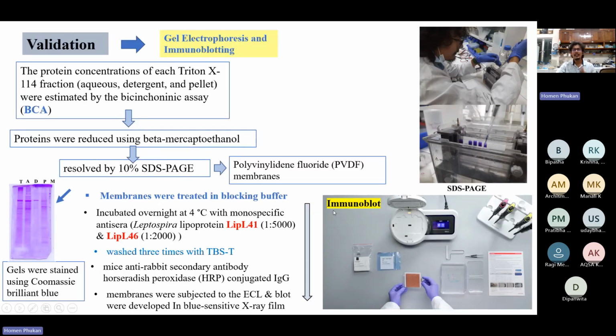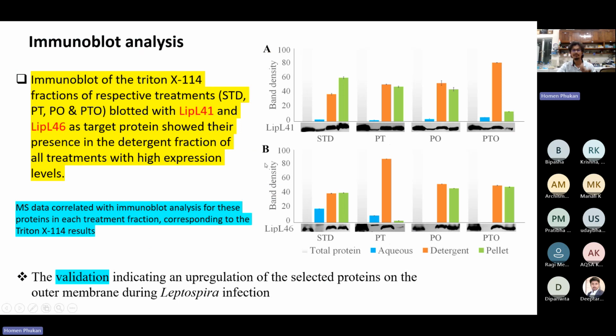And we performed a validation for this differential expression of the exclusive proteins. We took LepEL41 and LepEL46 as model proteins for the immunoblot analysis, and we were able to find confident results from the immunoblot.